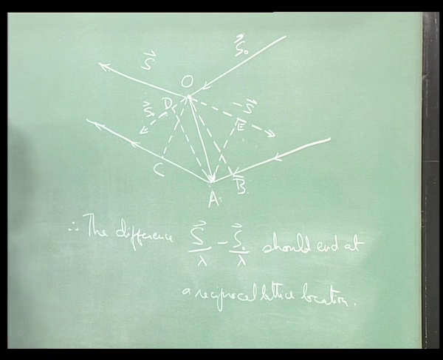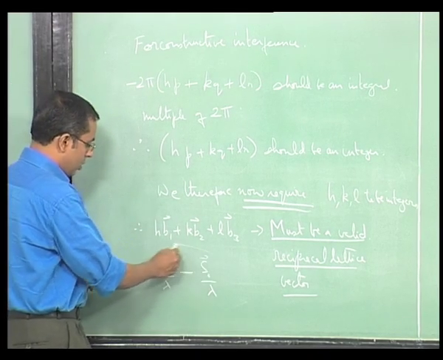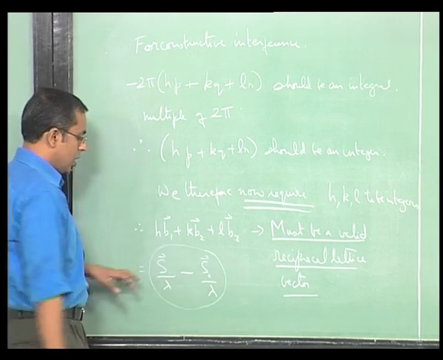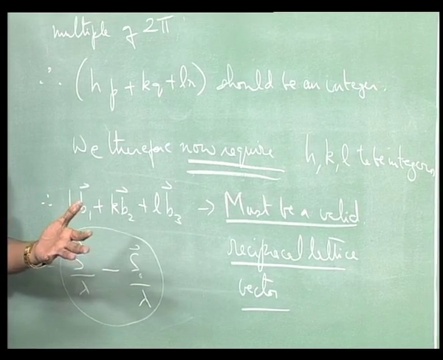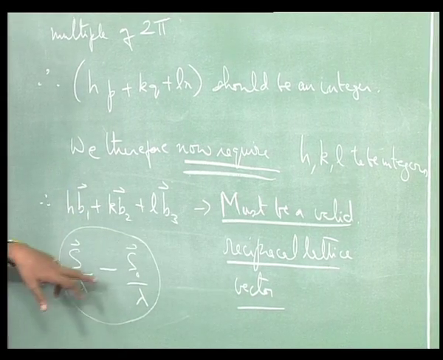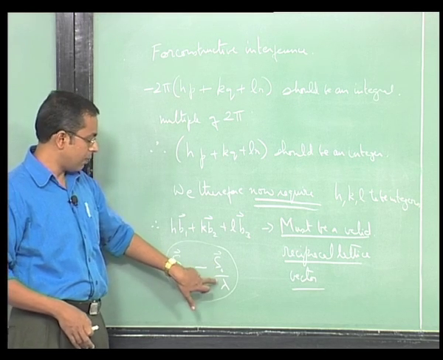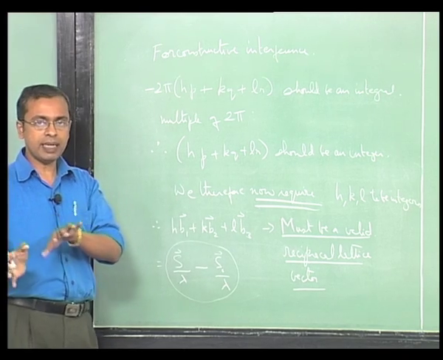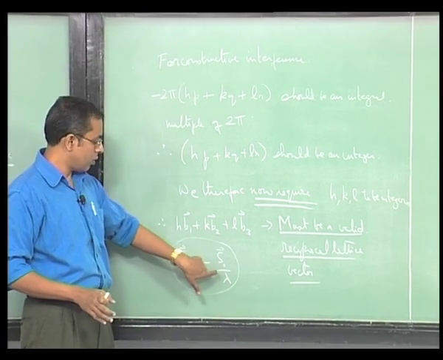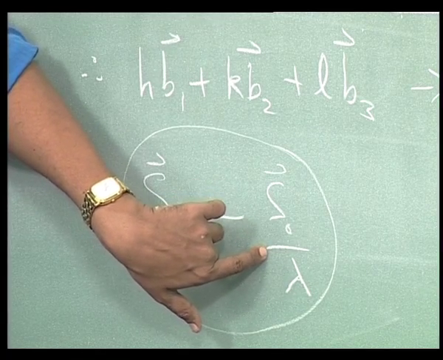If you look at our equation here, we have two different quantities. On this side of the equation, we have all the properties of the waves arriving at or leaving the lattice. This is the direction in which the incident wave is arriving, S naught, and 1 by lambda is the magnitude of that wave, the wavelength in reciprocal quantities. So this gives us the properties of the incident beam.